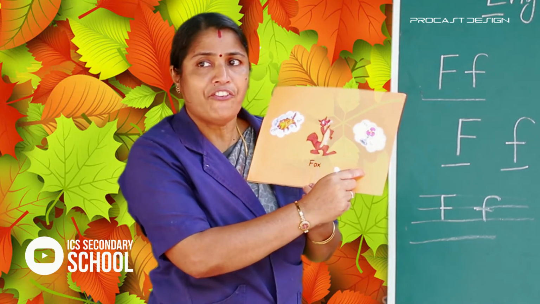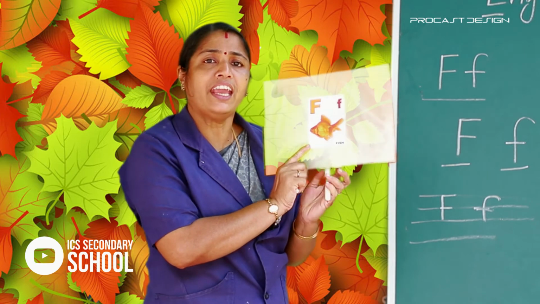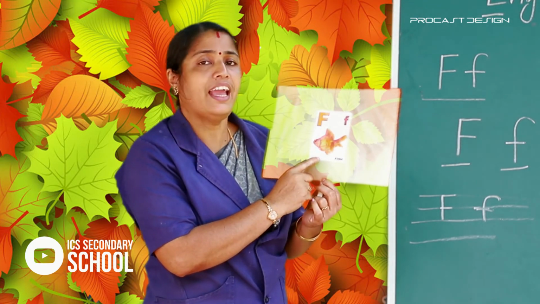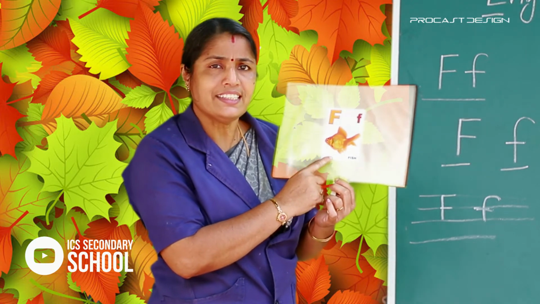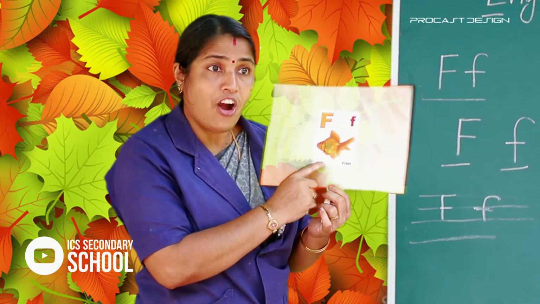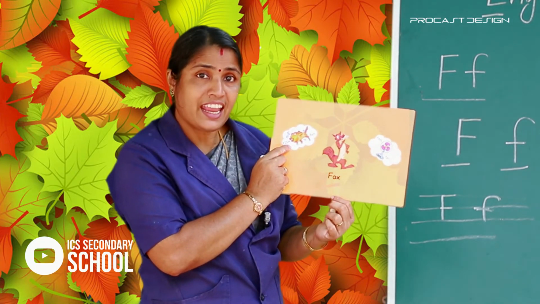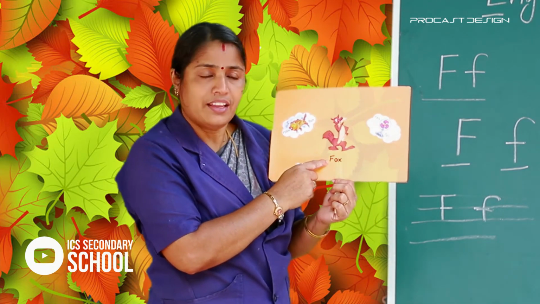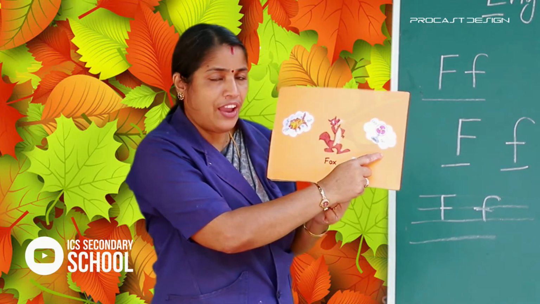F for fan. Which picture is this? All of you say, which picture is this? Yes, fish. Which picture is this? Yes, say fox. Next, which picture is this? Say with me. Yes, fish. Next, yes, fox. Next, fan.